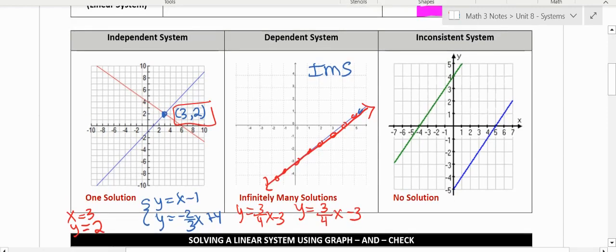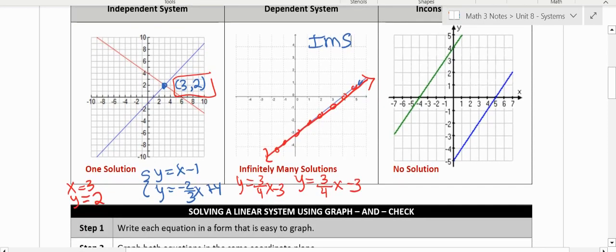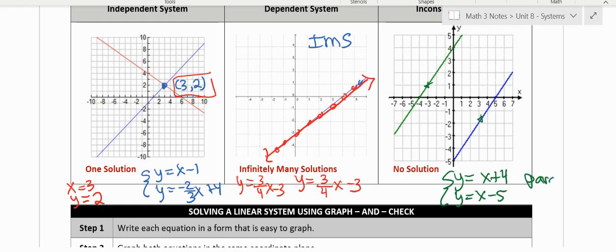The last scenario we can have is what's called an inconsistent solution, or no solution. So again, if intersections are solutions, parallel lines, and that's what these are, have no solution. So for example, this would be the equation y equals x plus 4, y equals x minus 5. These actually are parallel, they have the same slope.